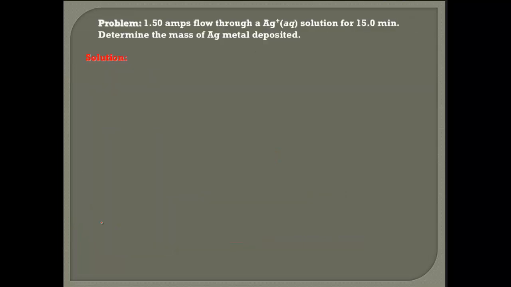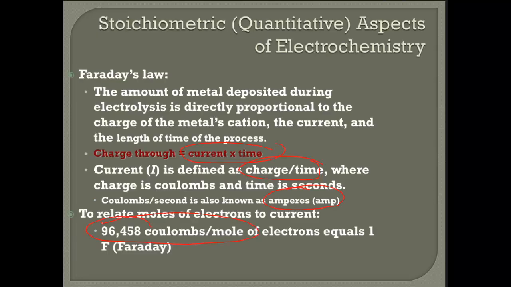So let's use this information in a practice problem. If we have 1.50 amps flow through silver ion solution for 15 minutes, determine the mass of the silver metal deposited. First thing you need to know is to determine the charge. Remember, the charge is current times time.